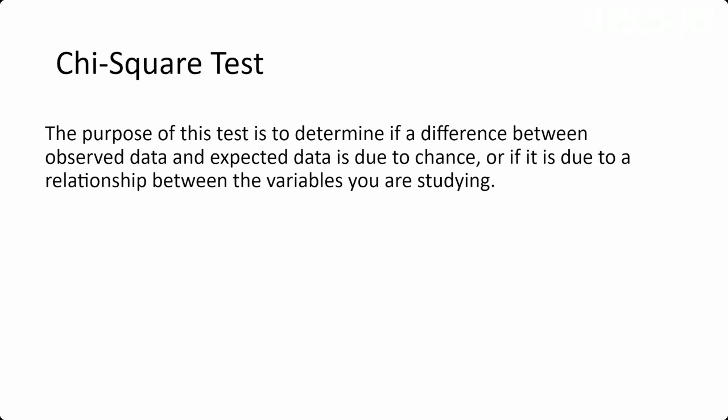Of course, the variables you are studying. So the purpose is to determine if the difference between the observed data and the expected data is by chance or there is a relationship between the variables involved.